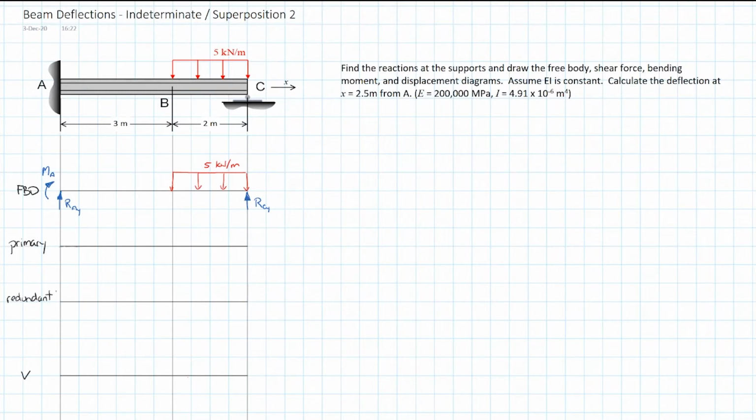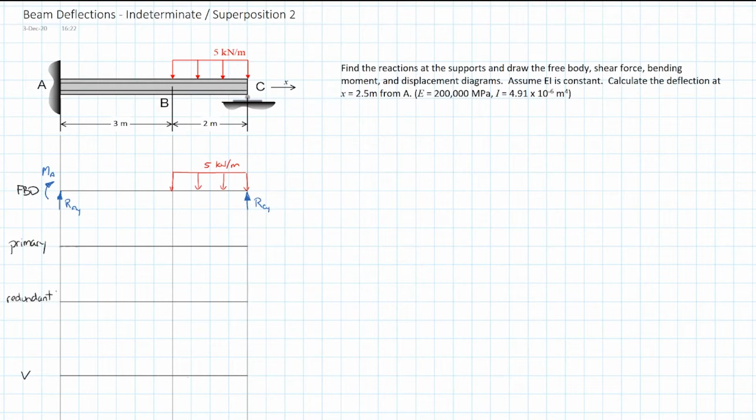Now, in choosing the redundancy, what I want to do is leave myself with a primary system that is fairly easy to look up in the beam tables. So in this case, probably the simplest one is to leave ourselves with a straight cantilever and to make the reaction at C the redundancy. And so that's what I'm going to do.